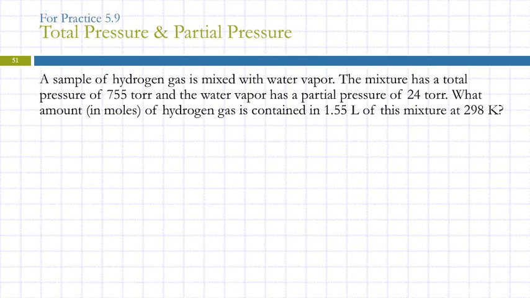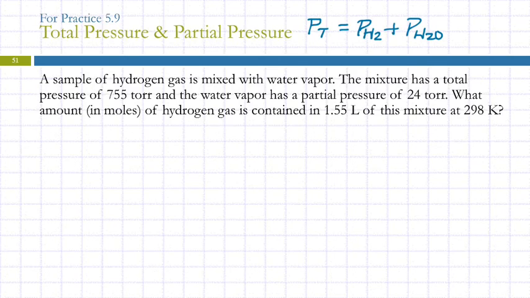Again, it's not necessarily obvious what we should do, right? But we do have a mixture of gases. We've got hydrogen gas and we have water vapor. So our total pressure is going to equal the pressure of the hydrogen gas plus the pressure of the water vapor. Do we know any of those? We do.